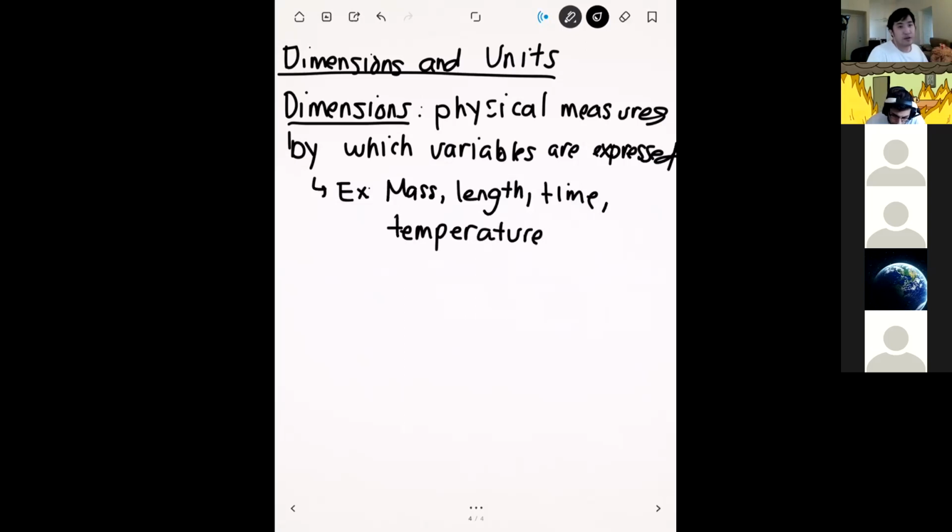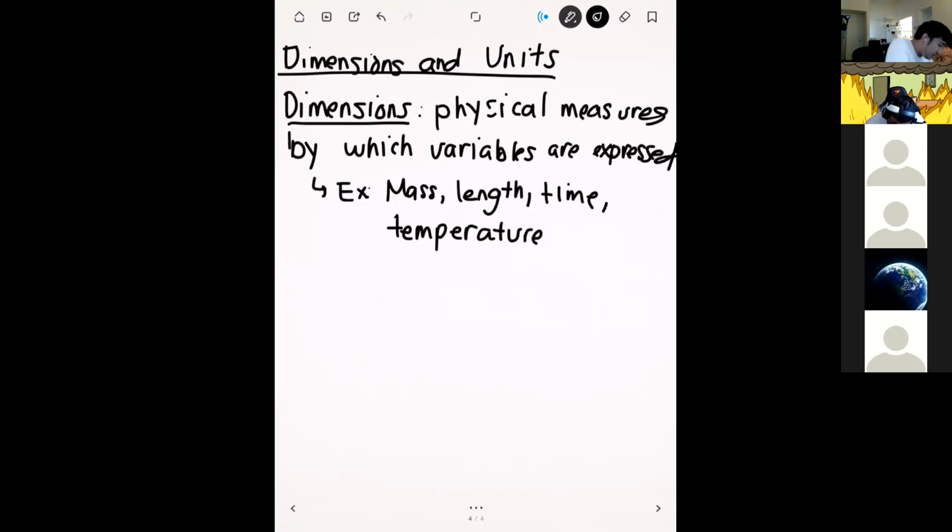You can kind of think of dimensions as kind of like the primary colors of science, right? So there's a lot of really complex units, like for pressure, we have the units like pascals, but you can build those complex units from these basic building blocks here. So mass, length, time, and temperature are kind of your basic building blocks for all the physical dimensions.